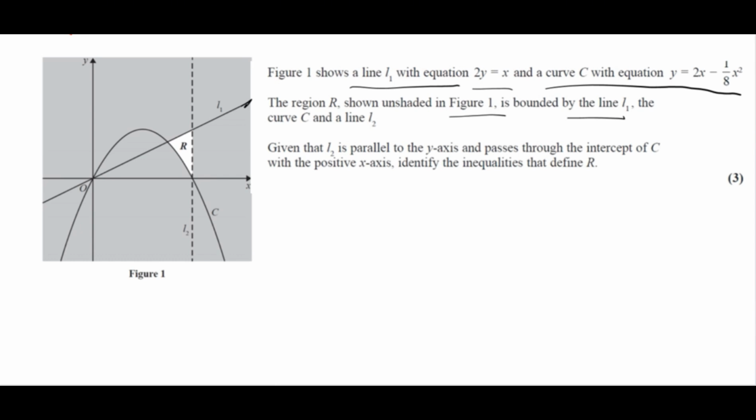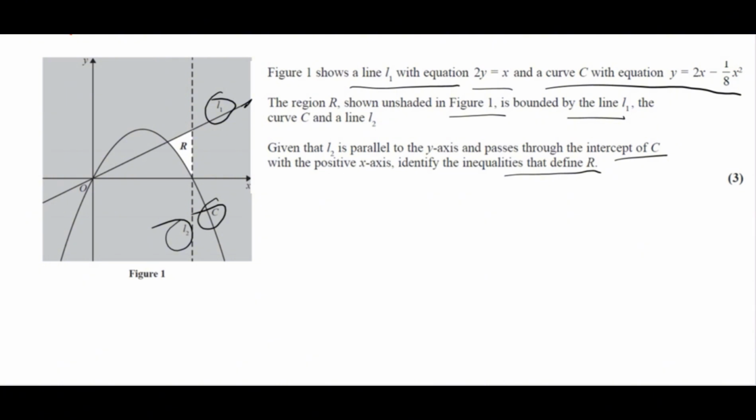So we don't know the equation of line L2. Given that L2 is parallel to the y-axis and passes through the intercept of C with the positive x-axis, identify the inequalities of R. So we know the equation of line L1, we know the equation of C. We have to figure out the equation for the L2 line, and then we can write the inequalities.